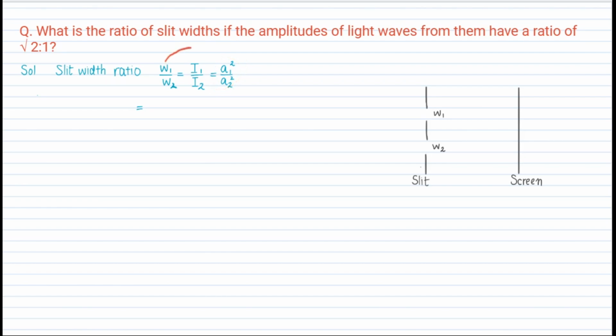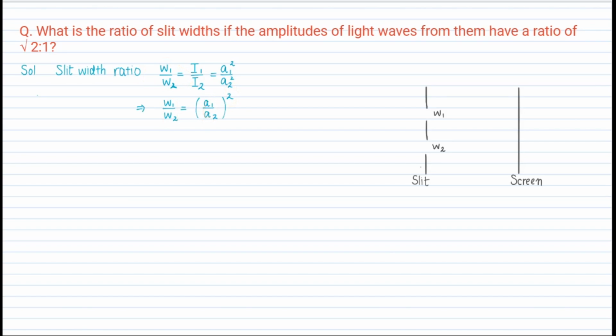So your slit width ratio can be written as A1 square upon A2 square. And since in the question they have already given us the ratio of the amplitude, we can substitute this value to find our ratio of the slit width. So I can write W1 upon W2 as A1 upon A2 whole thing square.